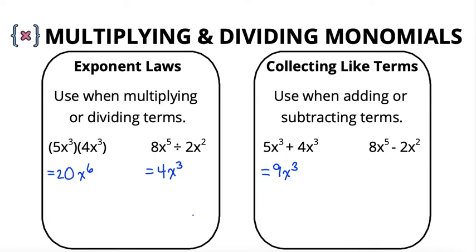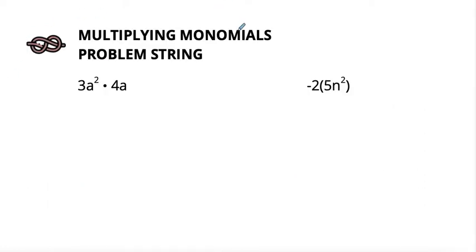So now let's take a look at some questions involving multiplying and dividing binomials. So we'll start with multiplying binomials first. So when we're multiplying binomials, we need to think about, again, the coefficient. So the coefficient is the number in front of the variable. So we first multiply the coefficients. So 3 times 4 is 12. And then we use our exponent laws to think about our powers.